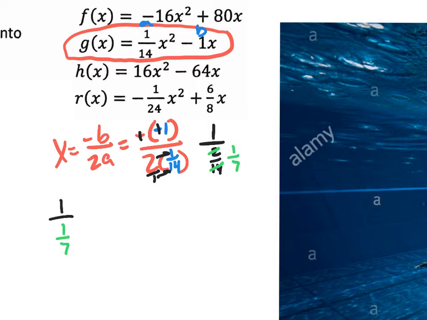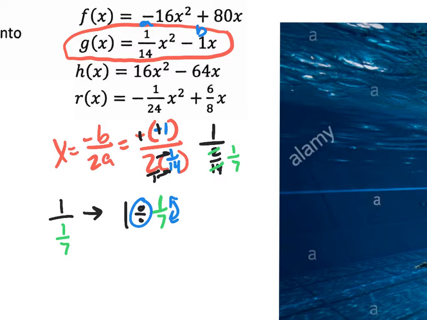And that looks really funky, so it'd be better if you write it horizontally. Instead of saying 1 over 7, you could rewrite it like this, where you have 1 divided by 1 over 7. Now, why would I do that? Because when you divide by a fraction, you really change it to multiplication, and you flip the fraction that you're dividing by. Okay, this is all from Algebra 1. I hope you guys remember.